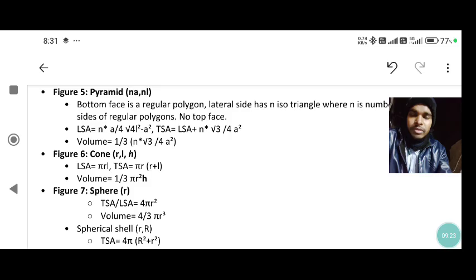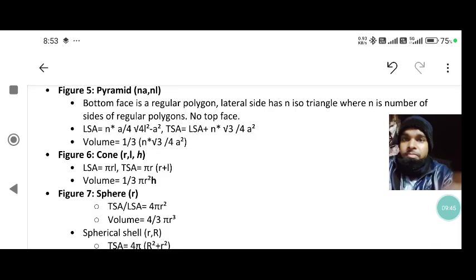Volume will be equal to 1/3 of the area of the base into the height of the pyramid.